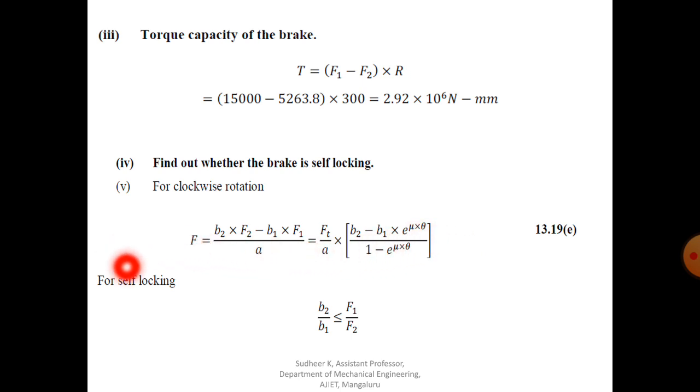For self-locking, the condition is B2 divided by B1 should be lesser than F1 divided by F2. F1 divided by F2 is the ratio of belt tension. You already calculated F1 by F2 is e to the power mu theta. That value should be greater than the ratio B2 divided by B1. So you have to check that now.